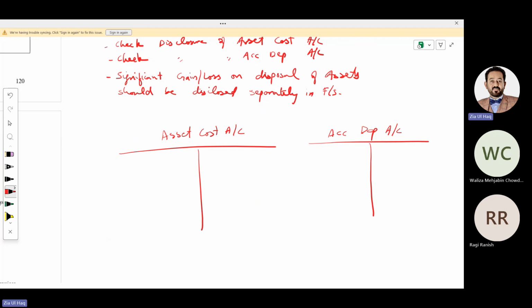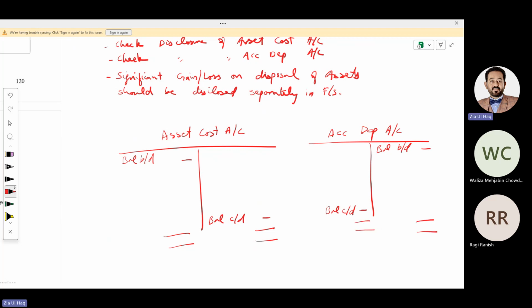In the asset cost account, the opening balance is on the debit side, while the closing balance is on the credit side. And in accumulated depreciation, the opening balance is on the credit side, while its closing balance should be on the debit side.